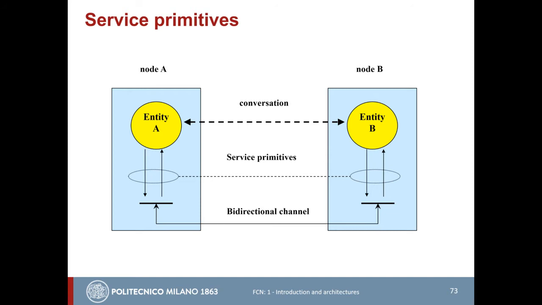Then, for example, entity A, by service primitives, can ask the rest of the system to set up a bidirectional channel with entity B. And entity B is informed of this. Entity B replies, for example, accepting the setup of the channel, and entity A receives an OK from the system to send data. Then this channel can be used to transfer data.